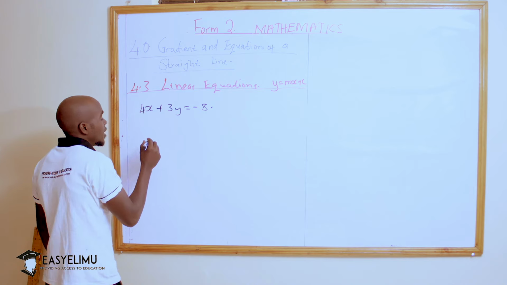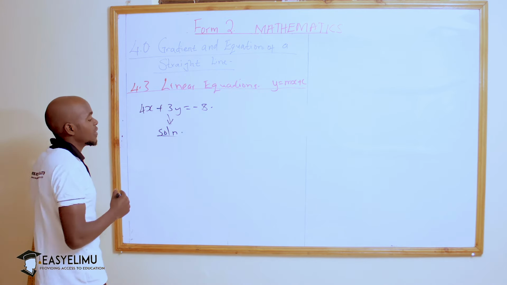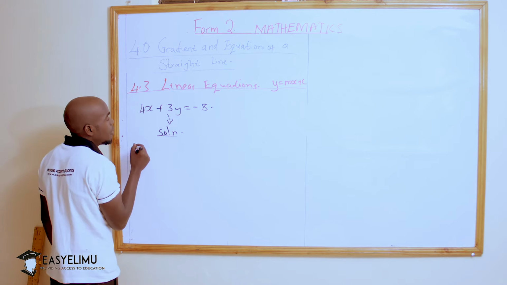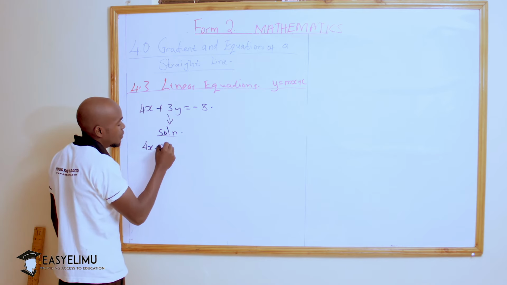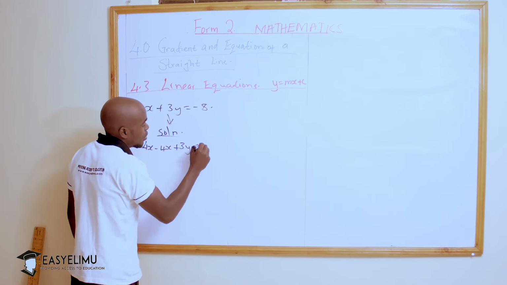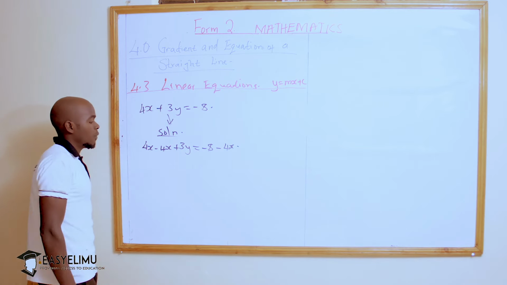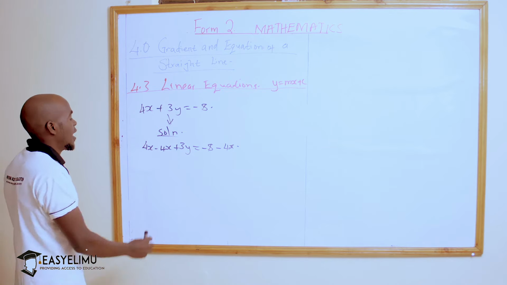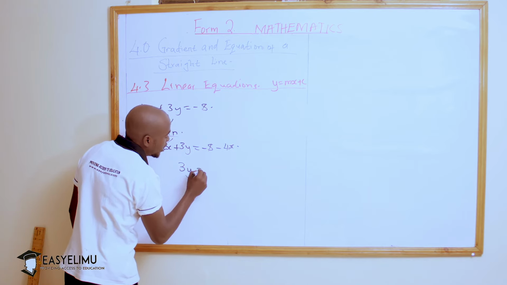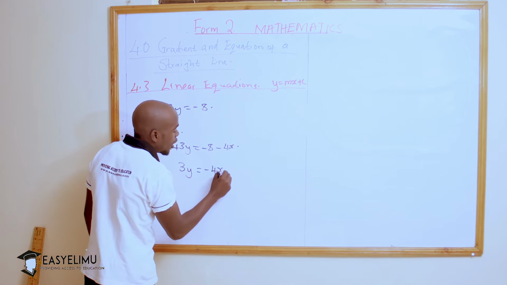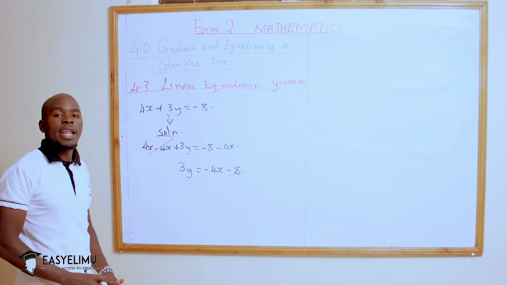First, you have to subtract 4x from both sides, such that 4x on the left hand side is eliminated, and this cancels itself out and you remain with 3y is equal to negative 4x minus 8.